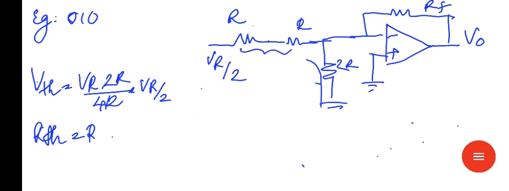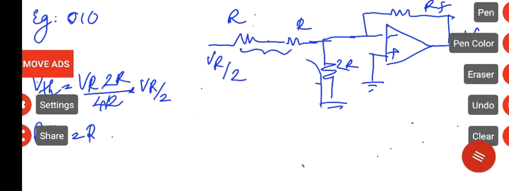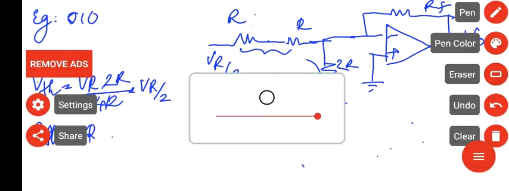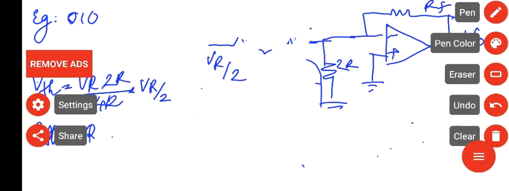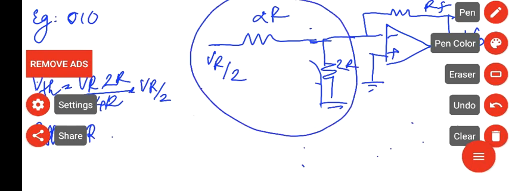So this R and R in series is 2R. This combination is 2R. Okay. Then again here we apply the Thevenin circuit.